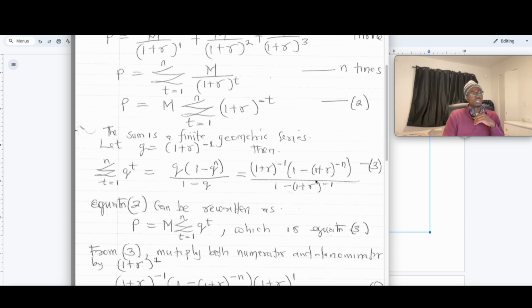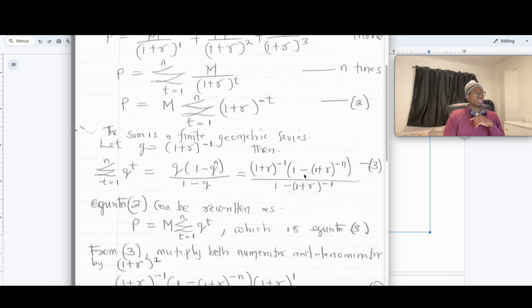You can see it's a bit lengthy, but it's the same thing as this on this side. So equation 2 can be rewritten as this, which we have already stated here. That is, instead of writing all of this, just substitute q for that, and then just put m here. So equation 2 is the same thing as this, which is equation 3.